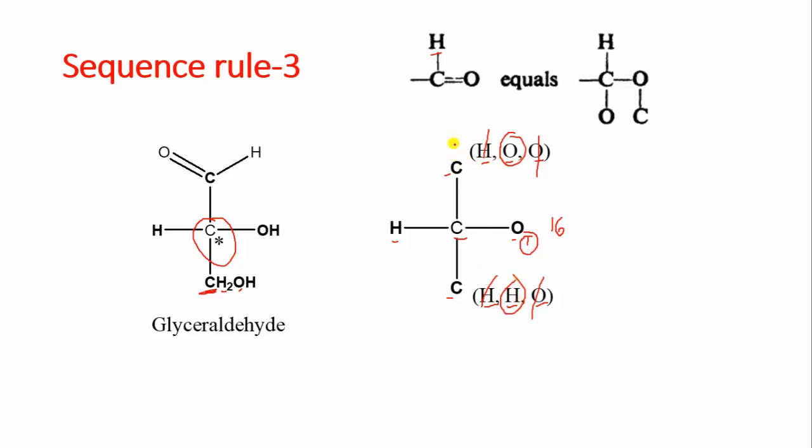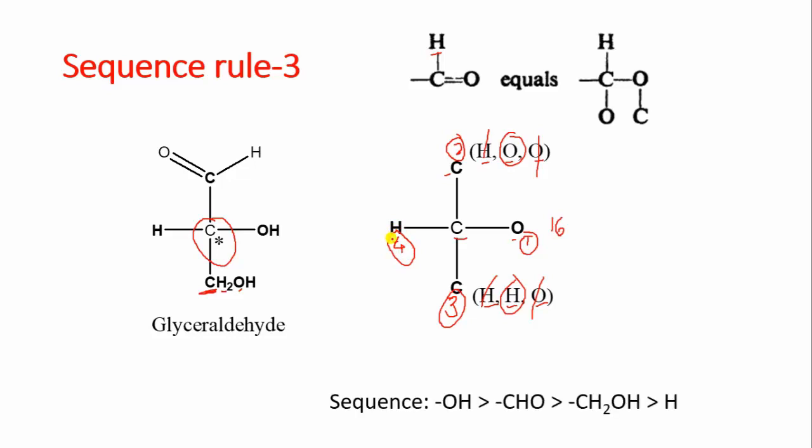So this carbon has second priority, then third priority, then fourth priority. The sequence rule will be OH highest, then aldehyde, then CH2OH, then hydrogen.